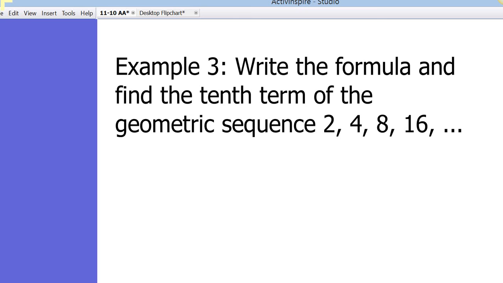16, dot, dot, dot. So, the formula would start off with a sub n equals this number. What is it? 2, because it's the first term. Alright? What is this number? Ratio.